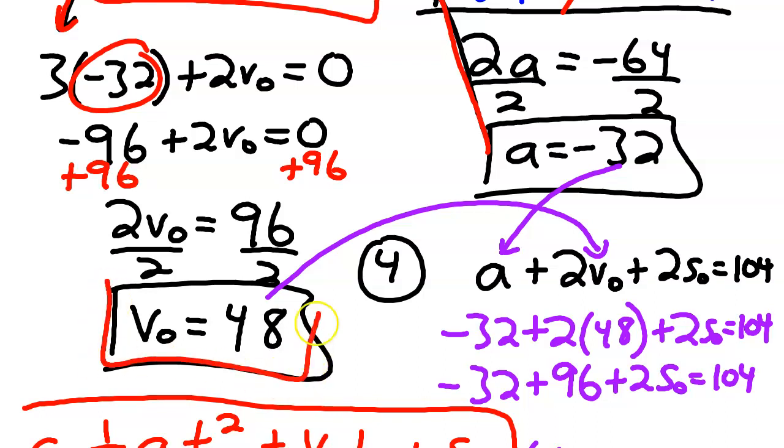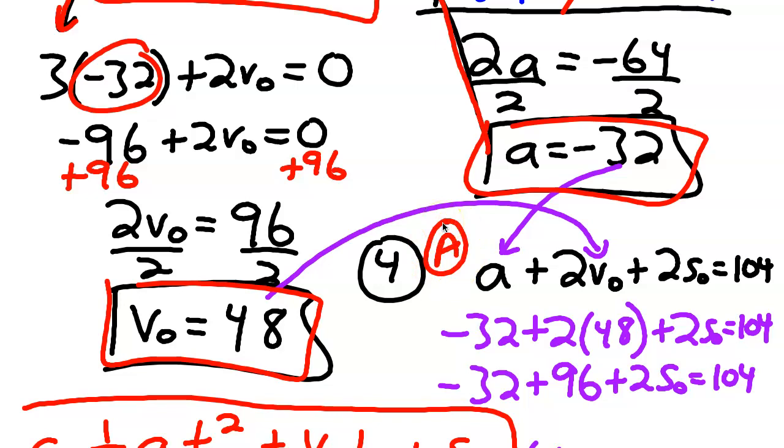Now that I have v sub 0 and I have a, I move on to step 4, which is now to take those two numbers and plug it back into one of the original equations. I think equation A would be the easiest one to work with.